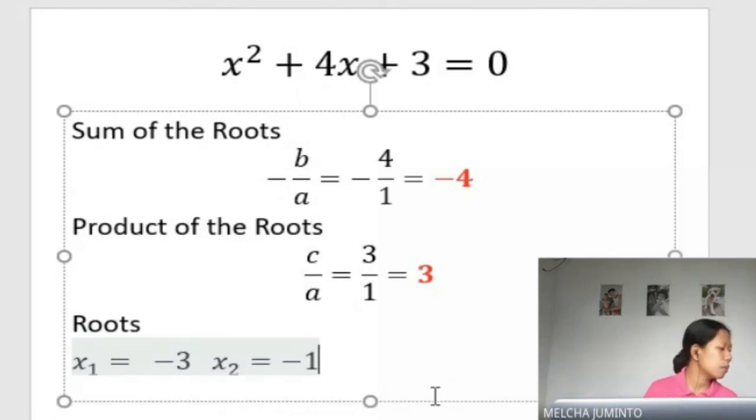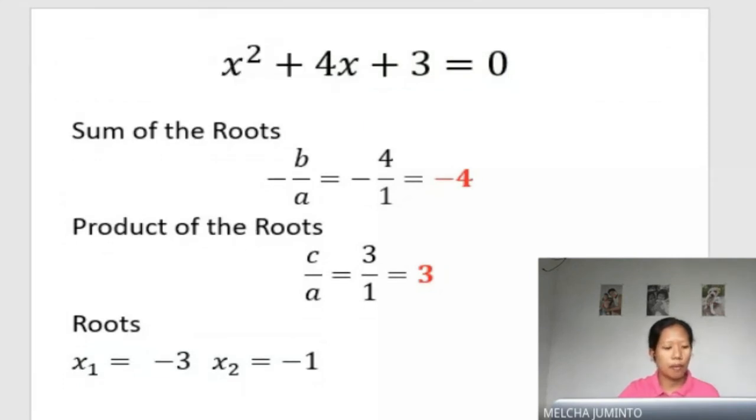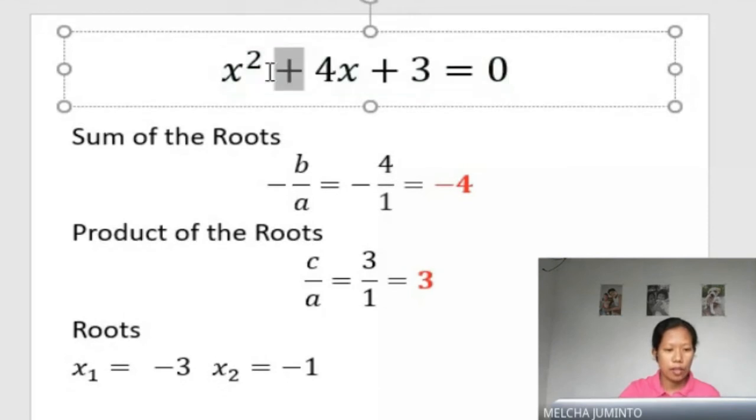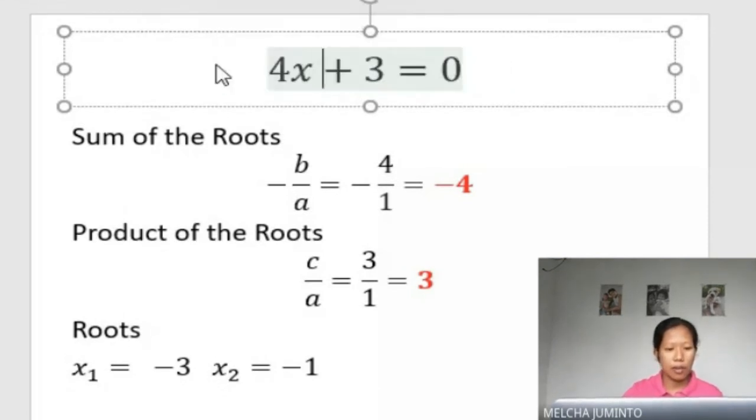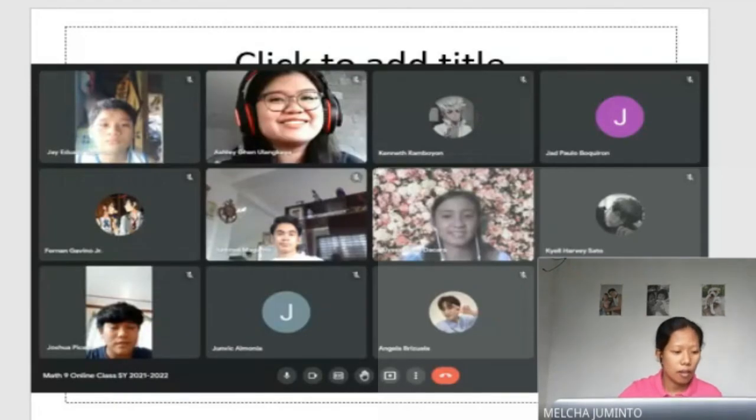If the first term is not x squared, say for example, which one? You need to rearrange the terms. Is this your question, Jumel?